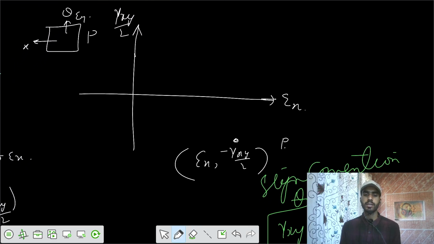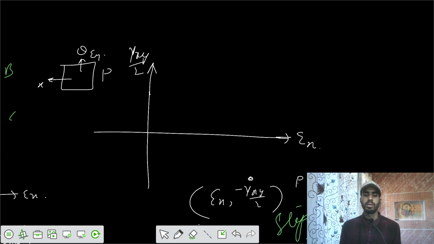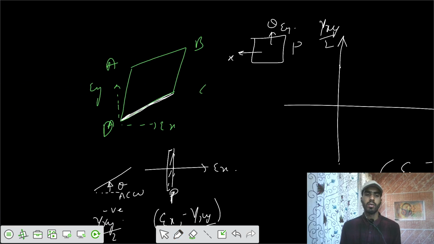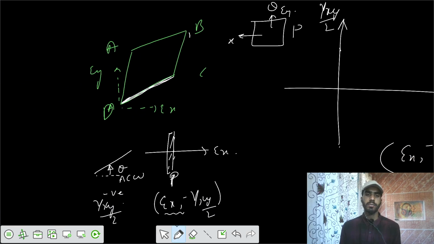Or you can say this is length along the x-axis. Now the next plane, or we can say next face, is this part.